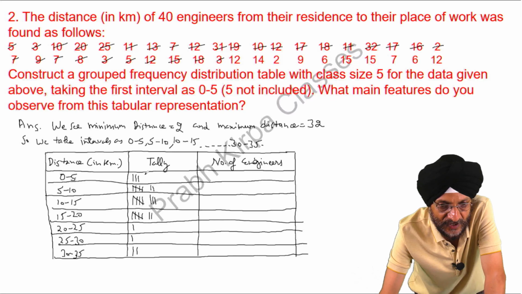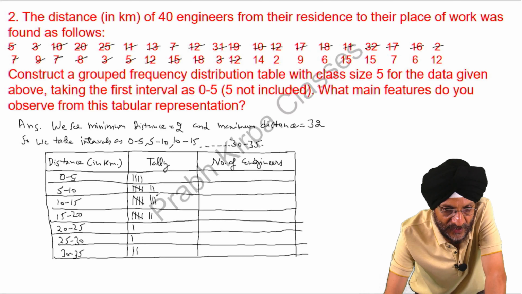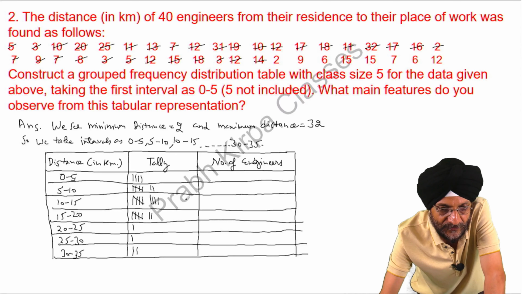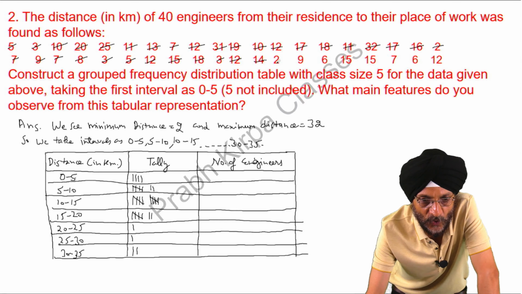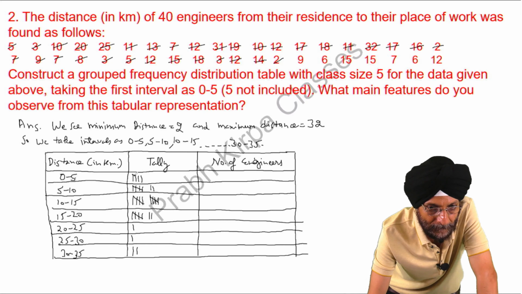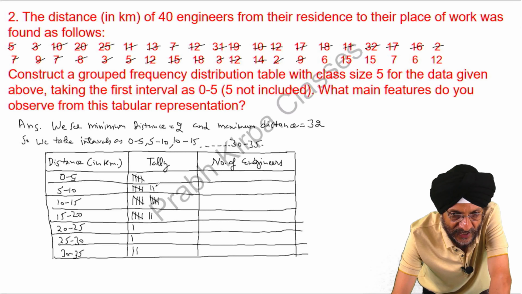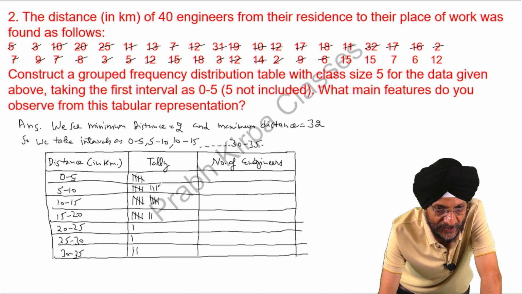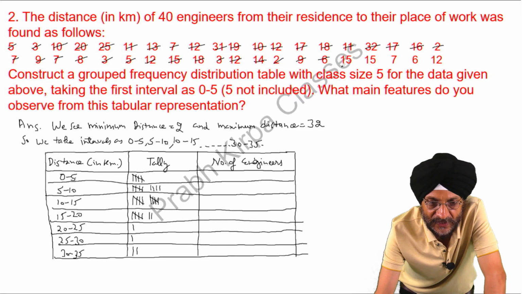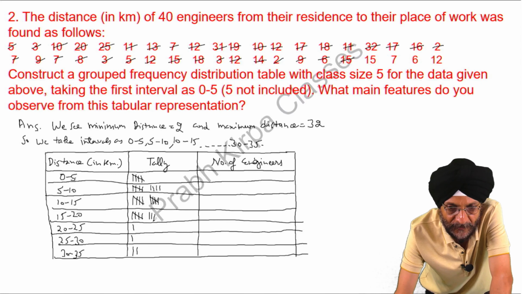3 will be in the first, 0 to 5. 12 will fall in the 10 to 15 range. 14 will be in the 10 to 15 class interval. 2, first class interval. 9 will be in the second class interval, 5 to 10. 6 will be in the second class interval. 15 will be between 15 to 20.